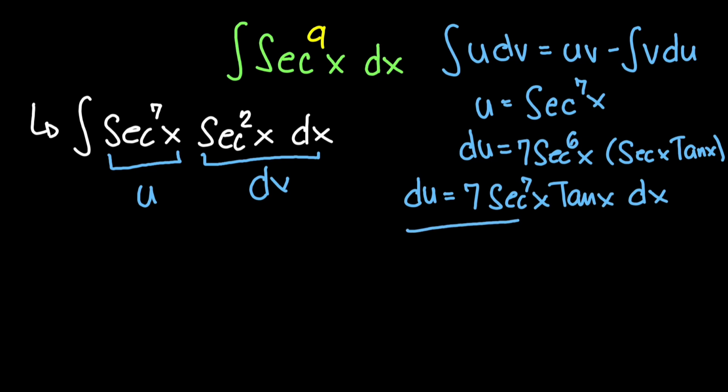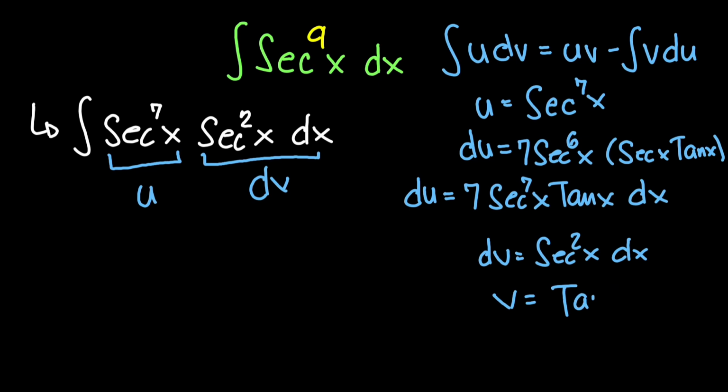So this would be our du value, and what's left here would be the v. In our case, dv right here would be equal to secant squared of x dx. In order to get the v in here, just take the integral of it. The integral of secant squared of x would be equal to tan of x.